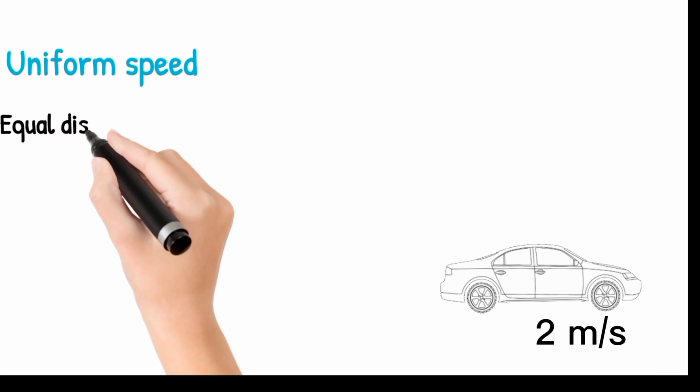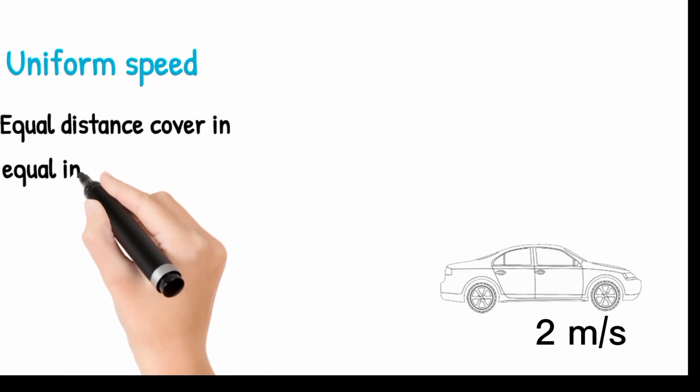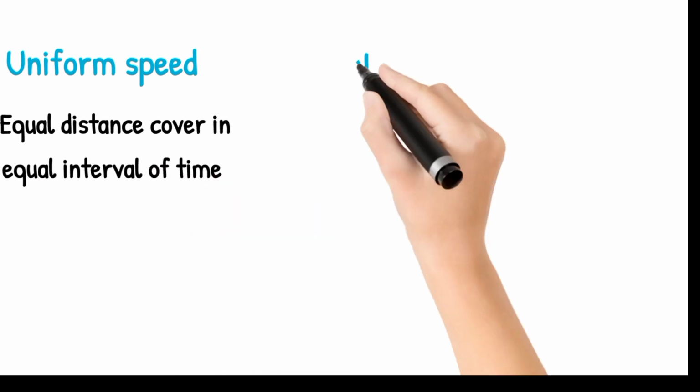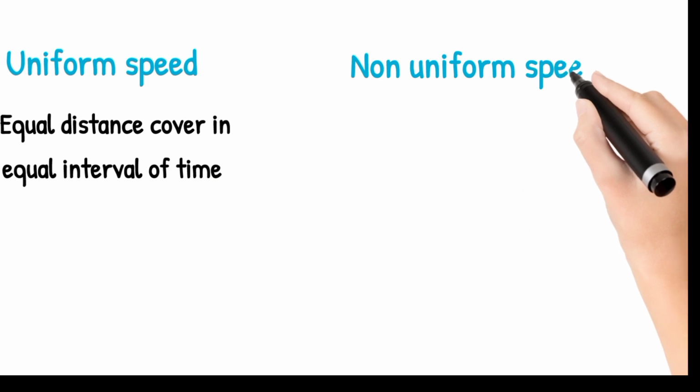It means that this car does not change its speed throughout. So this type of speed is called uniform speed. So now we can define uniform speed easily: equal distance covered in equal interval of time is known as uniform speed.